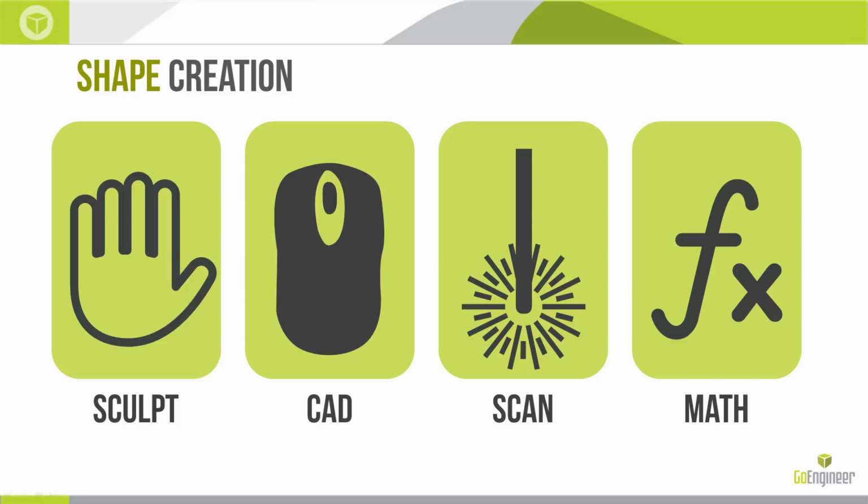As SOLIDWORKS users, engineers and designers, we typically use a 3D parametric CAD software like SOLIDWORKS or Inventor, something that's great at creating prismatic shapes, but not so great at creating ergonomic or mathematically driven shapes. So a lot of the parts that we'll see today were not created exclusively in a CAD software. They were created with a combination of the methods that you see here.